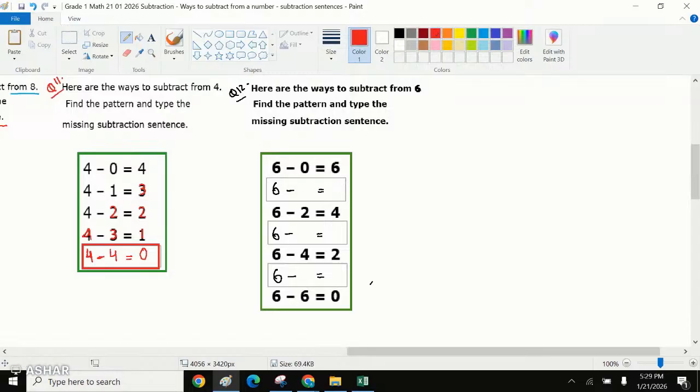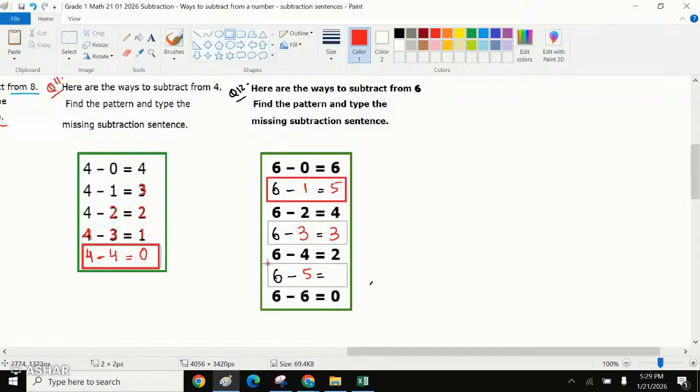The first answer would be 6 minus 1 would be 5. 6 minus 2 is given. Then it should be 6 minus 3 is equals to 3. And the next one would be 3, 4. We will have a 5. See, what we can see over here is, I'll try to highlight something.